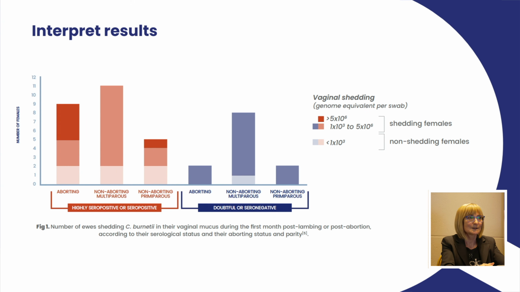About the interpretation of serology, we have to recall also that shedding animals can still remain seronegative. But in general, the highly positive animals or simply seropositive are generally the most interesting ones. So in general, high shedders or chronic shedders are seropositive.